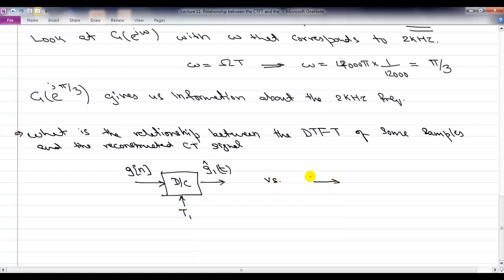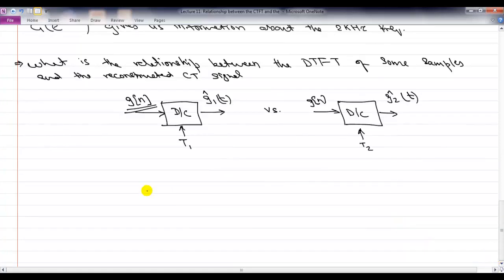Let's say I took the sequence and I supplied T2 to get G2 hat of t. What is the relationship between the Fourier transform of my samples and the reconstructed continuous time signal? We don't care where G of n came from. We just want to look at, once we do this operation, what do we get?